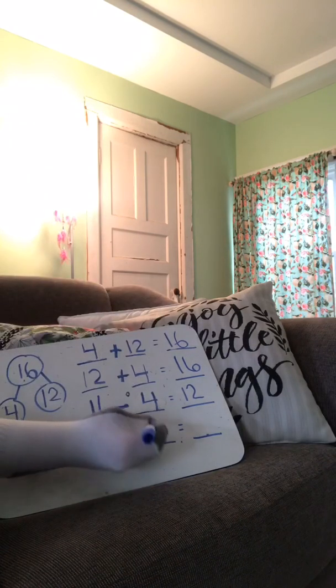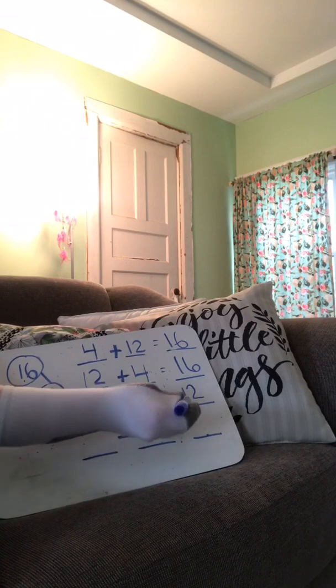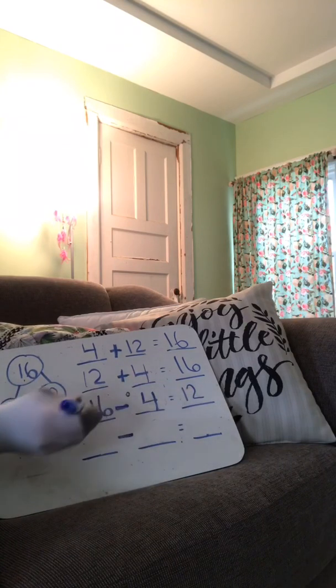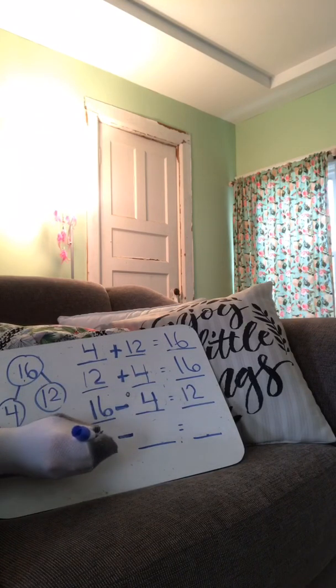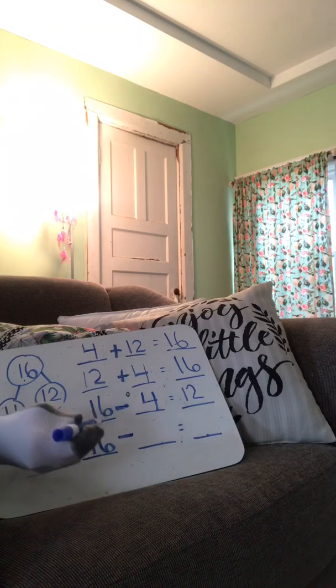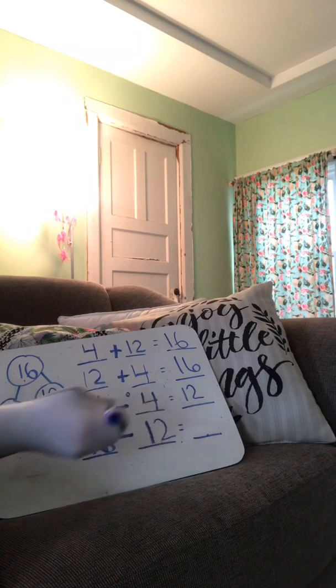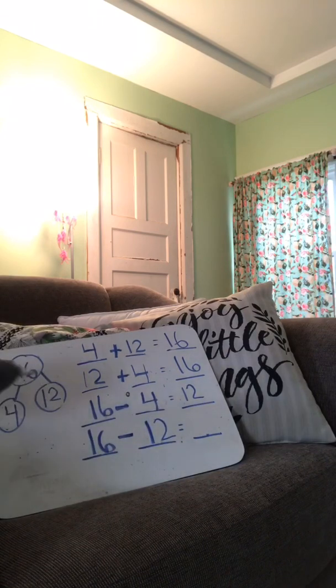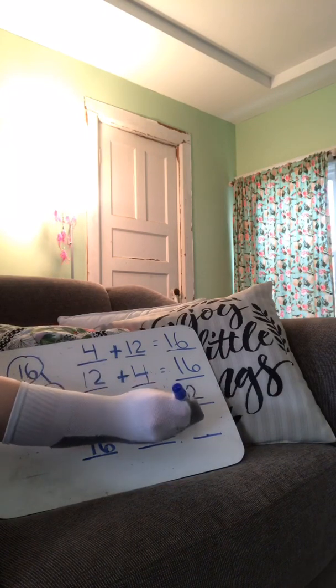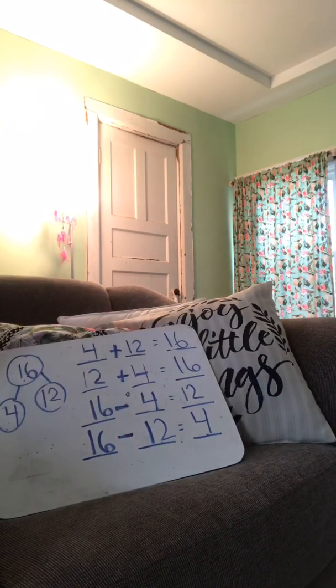So we would switcheroo the place where the 4 and the 12 are. So let's keep our total 16 in front of that minus spot. 16 minus 12 equals how much? We use 16, 12, and now how much is left over? 4. Wonderful job. Looks great, friends.